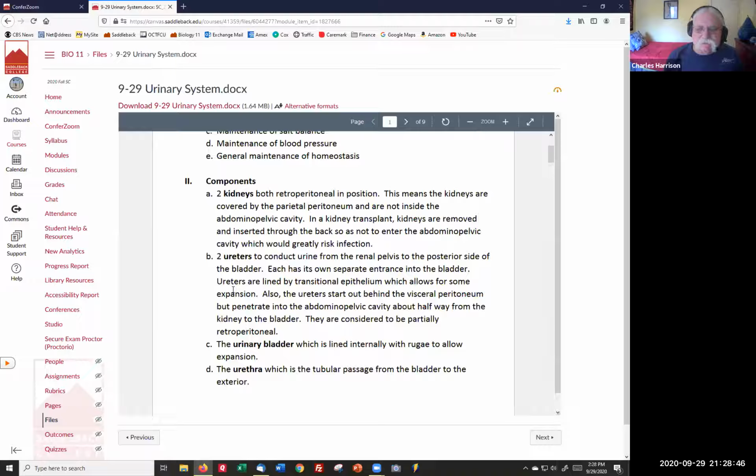The seal is tight. There's not a transference of bacteria or fluid or anything like that between the two sides. And then the contents of the ureter are brought to the dorsal side of the bladder.